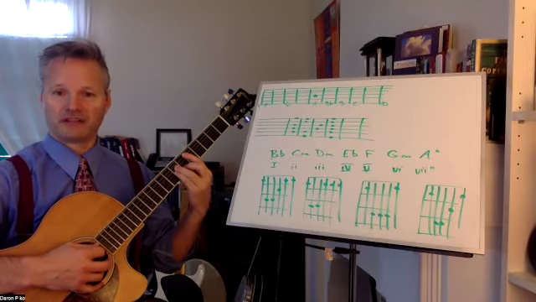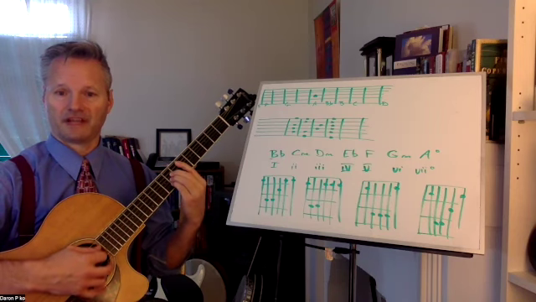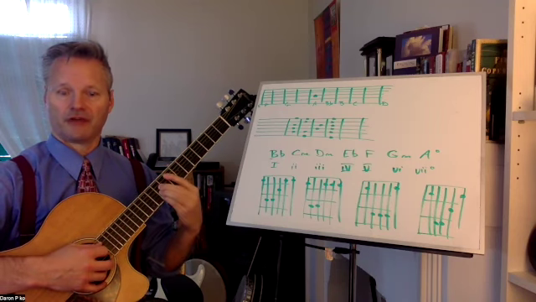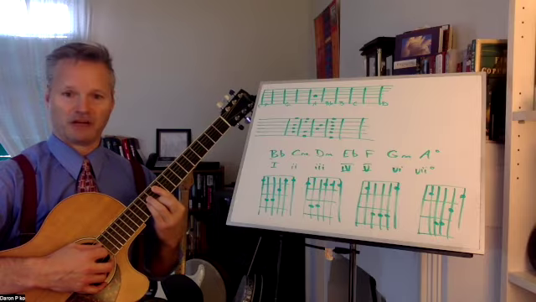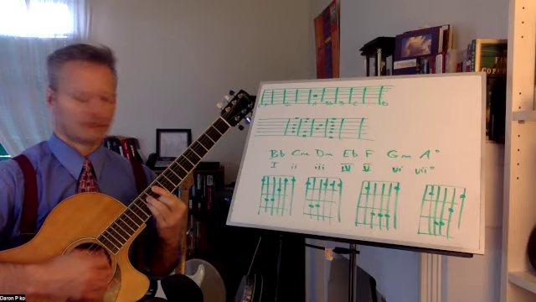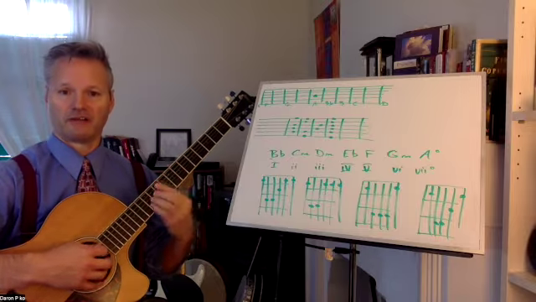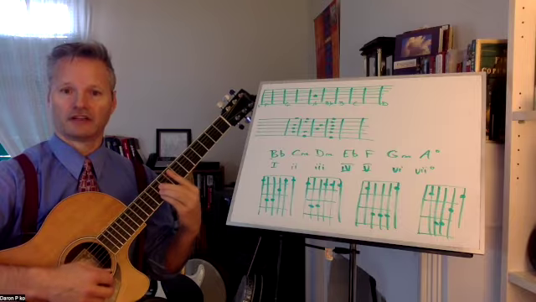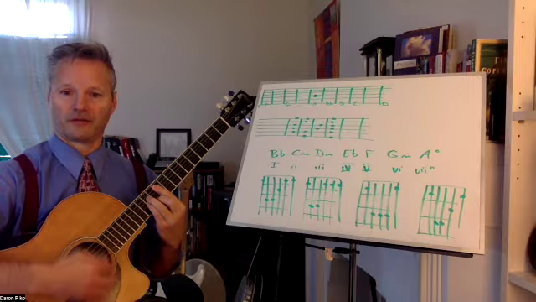So in B flat, the 3 chord is D minor, the 4 chord is E flat, the 5 chord is F major, 6 is G minor, so majors look like A majors, there's F, it's at the 8th fret, looking like an A major barred at the 8th, G looks like an A minor barred at the 10th.